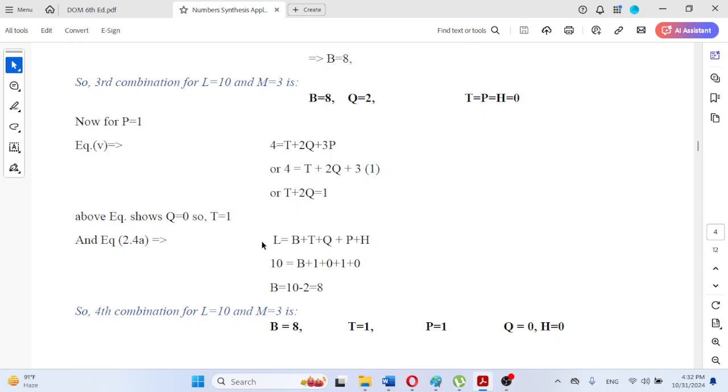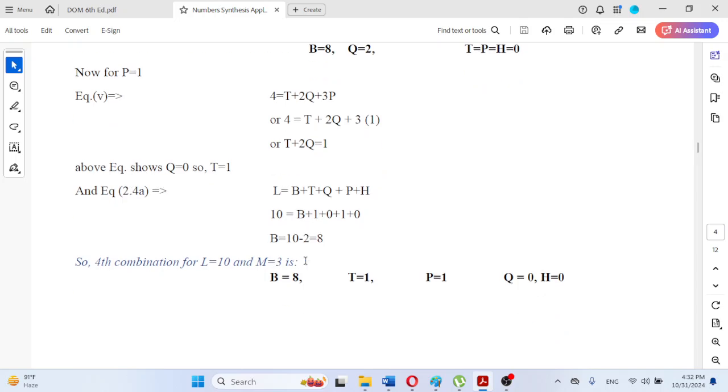So in this way T is equal to 1. So equation 2.4a, the other equation, will be giving that T is equal to 1, Q is equal to 0 and P is equal to 1. So in this way total links are 10, so 10 minus 2 is equal to 8.